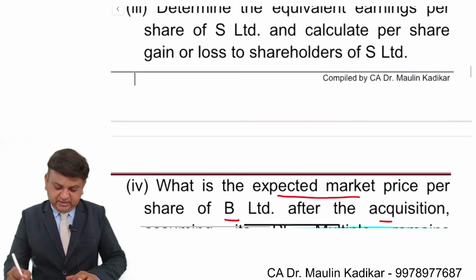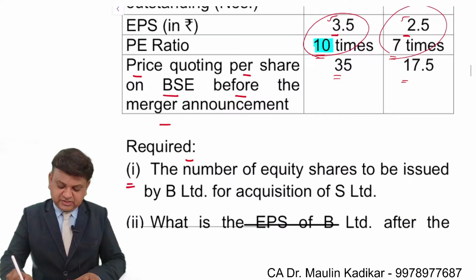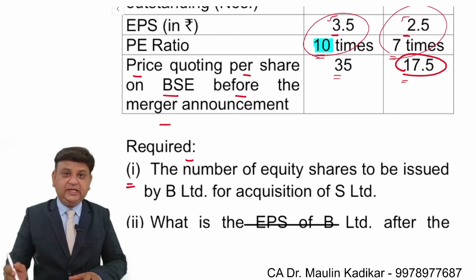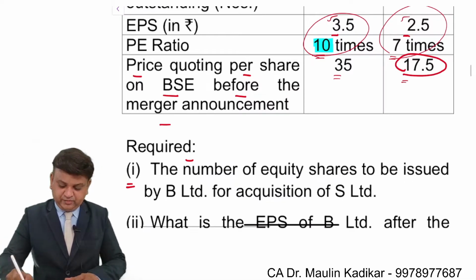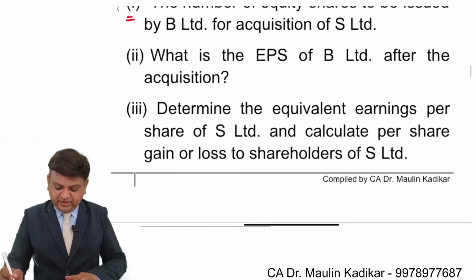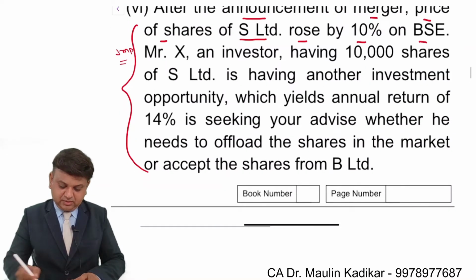So friends, we understand that the market price per share, which is right now 17.5, increased to 19.25. That is 17.5 plus 10%.